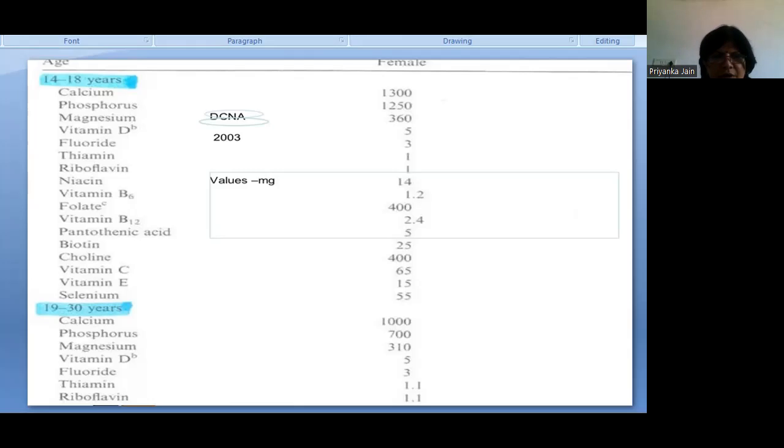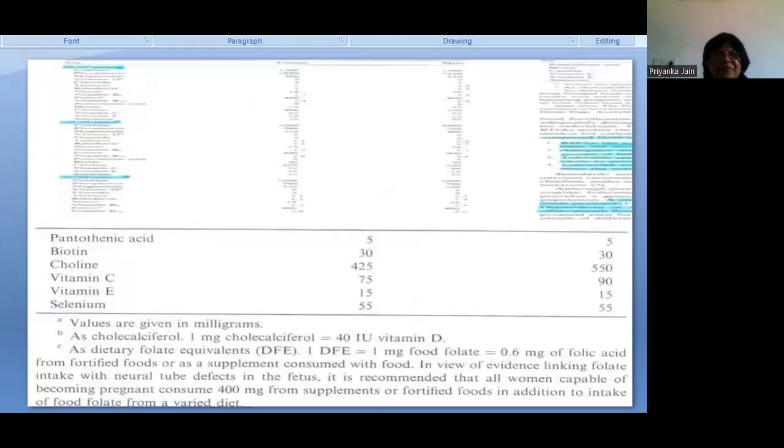For 19 to 30 years in females: 1000 calcium, 700 phosphorus, 310 magnesium, 5 mg vitamin D, 3 fluoride, thiamine 1.1, riboflavin 1. Values are given in milligrams, and 1 mg calcium is equal to 40 units of vitamin D.